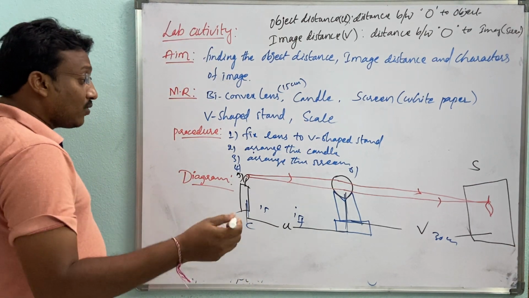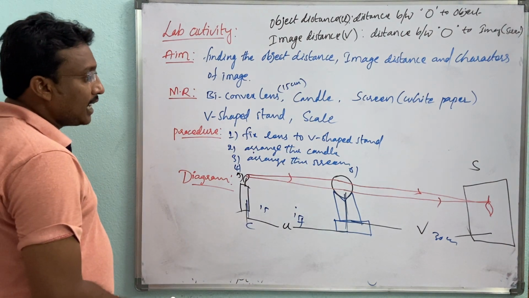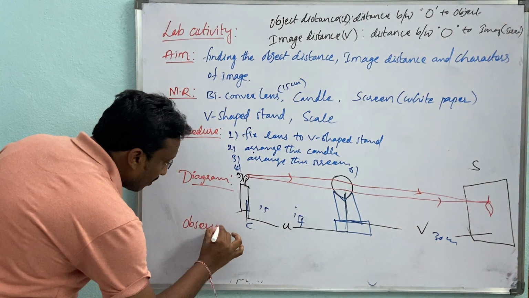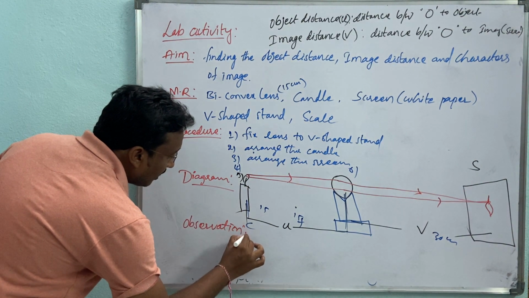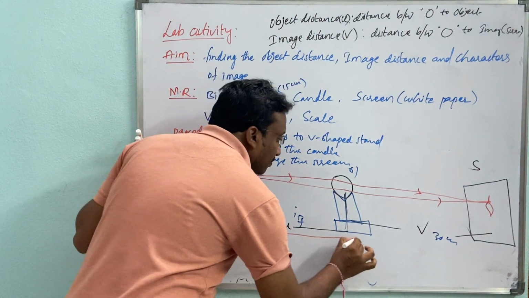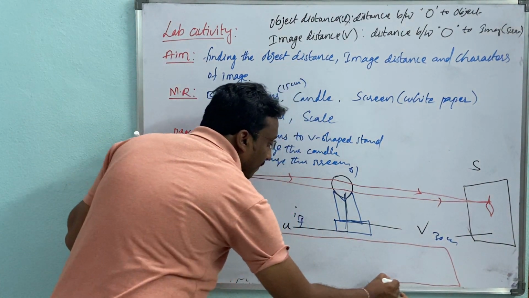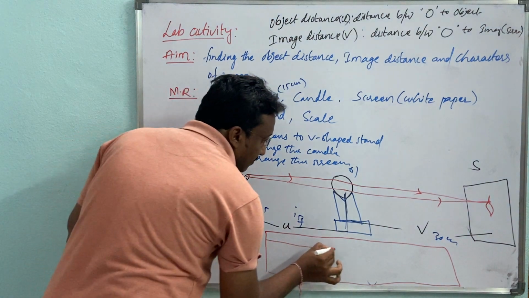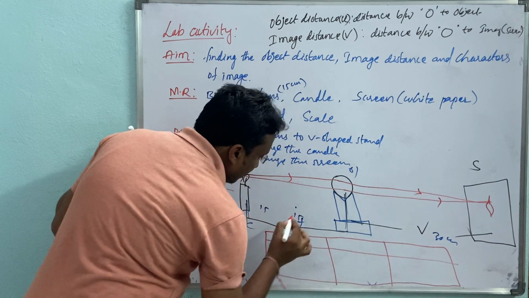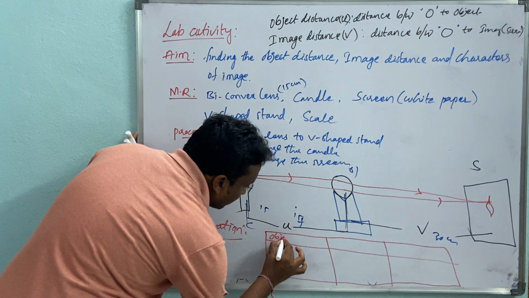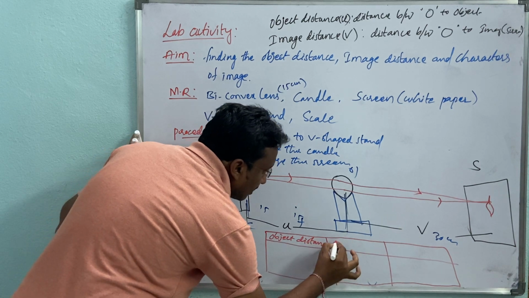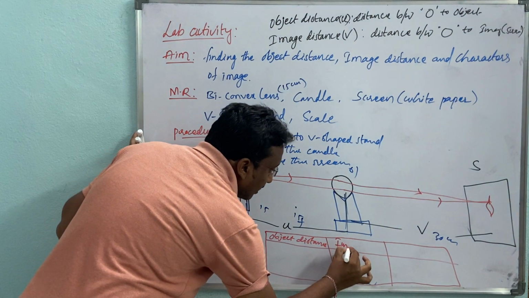Next, after the diagram, we have to write the observation. This is the observation. This is the object distance. This is the image distance.